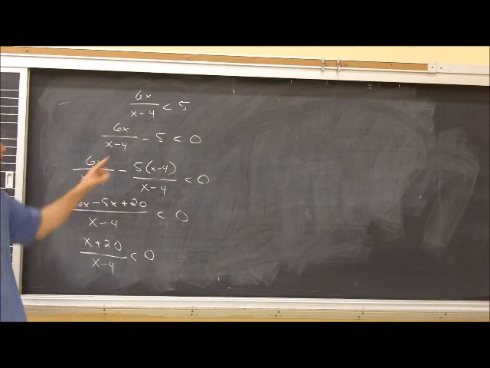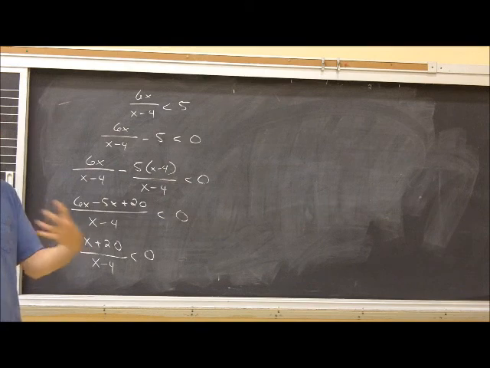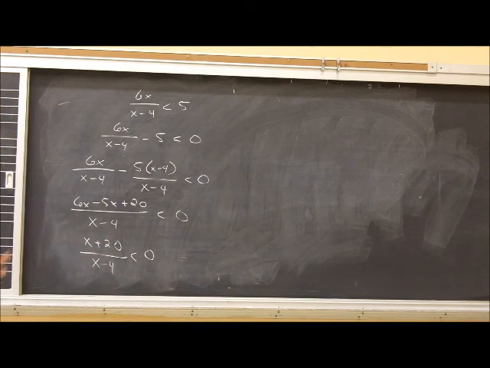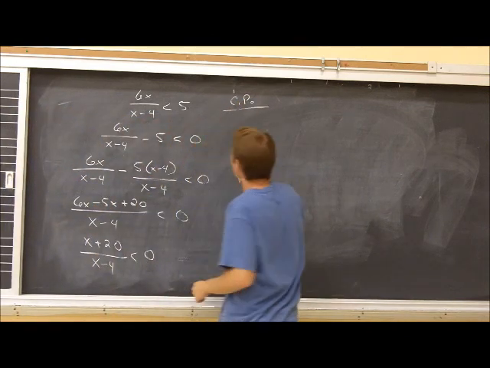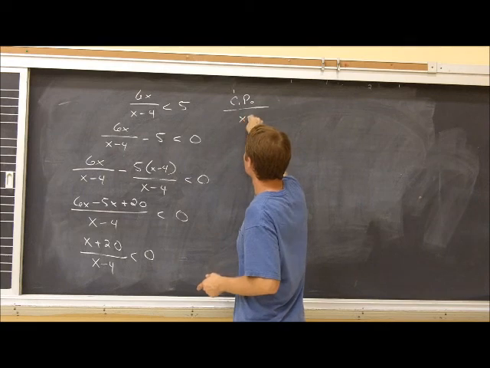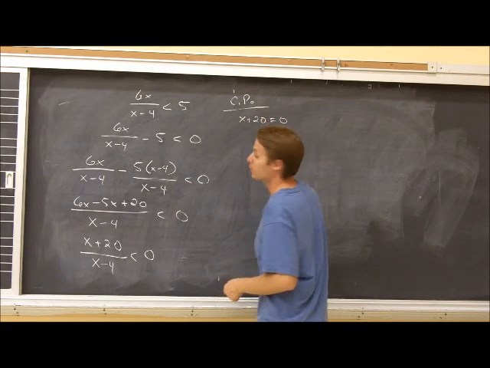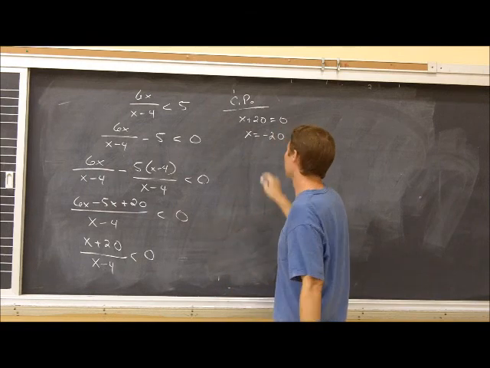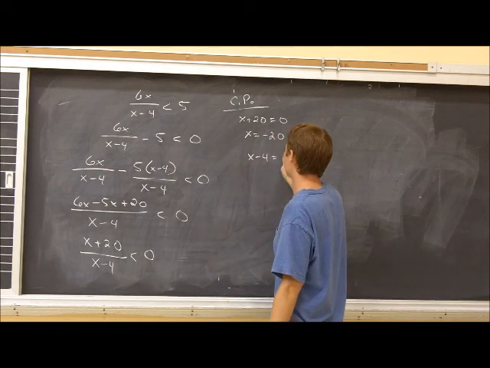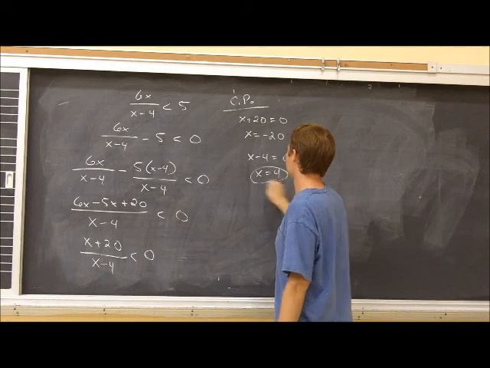So where we have this extra constant hanging out, we have to do a little bit of work to it before we can actually solve it using our methods. But from here, it's the same, right? We find our critical points where the numerator equals 0. So set x plus 20 equal to 0, and we get x equals negative 20. And then also where the denominator equals 0. So x minus 4 is equal to 0, so x is equal to 4.